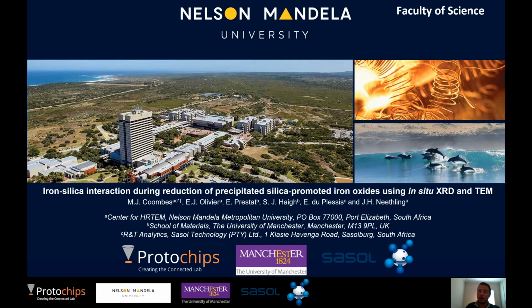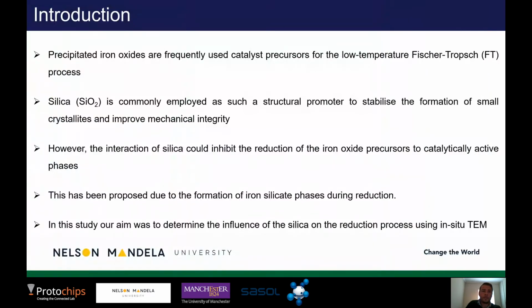Our recently published work in Applied Catalysis A looks at the reduction behavior of silica-promoted iron oxides using in-situ TEM. Precipitated iron oxides are frequently used catalyst precursors in industry for the low temperature Fischer-Tropsch process.